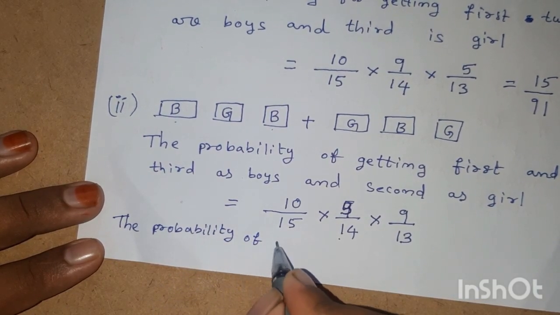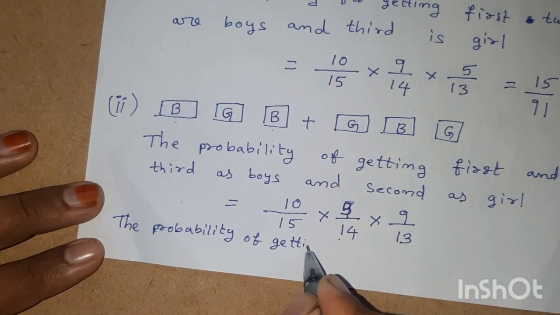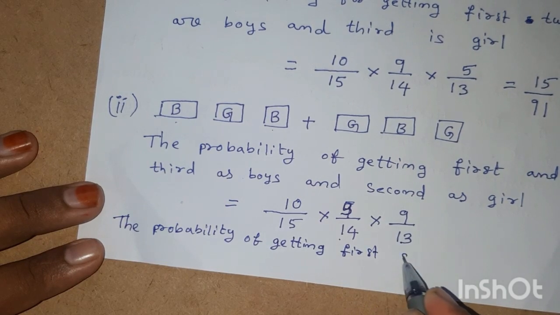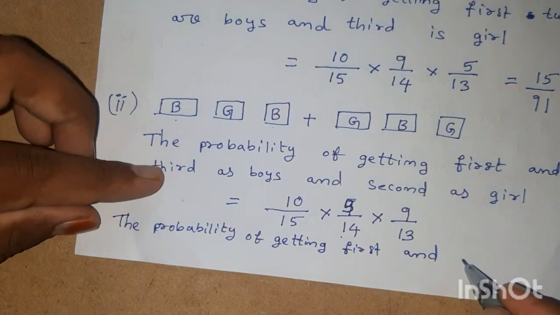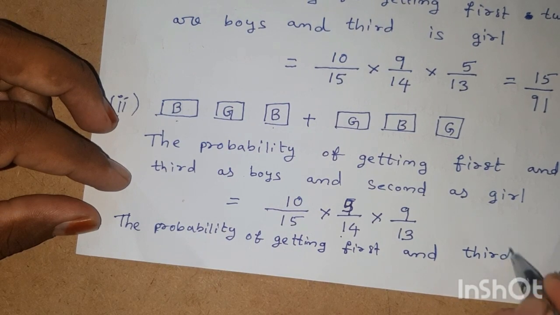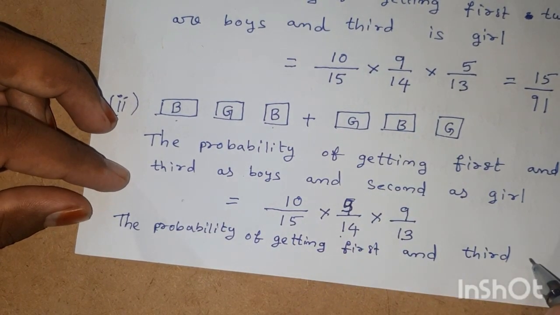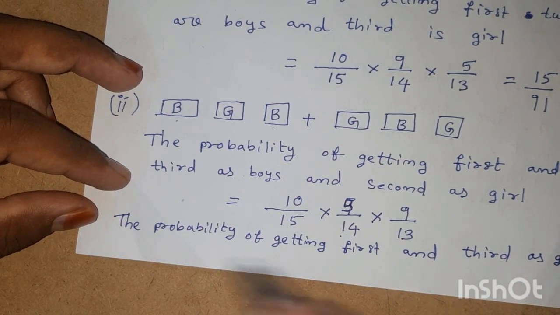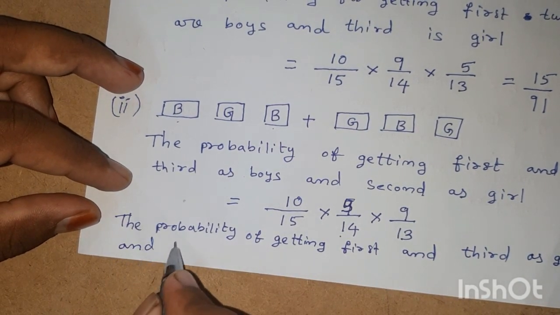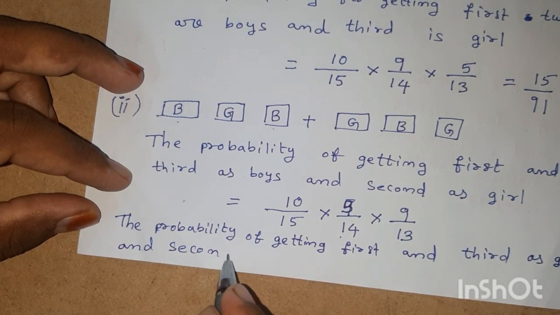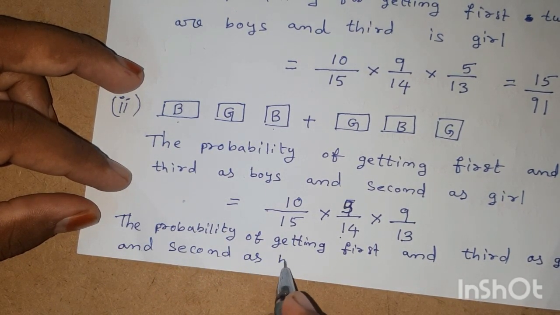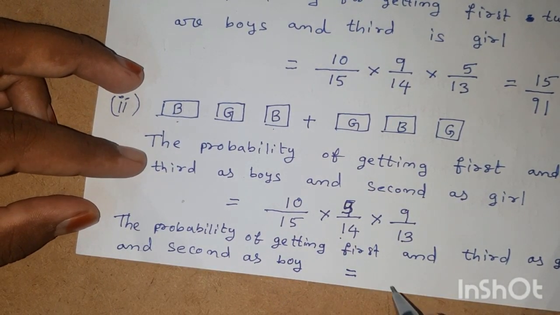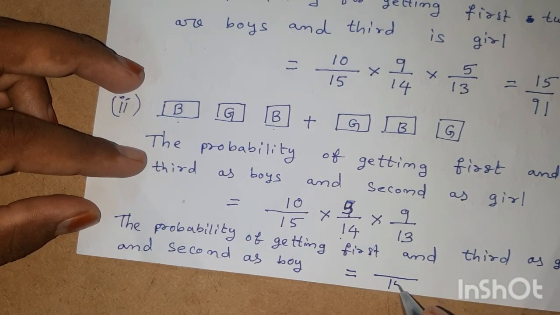Similarly, the probability of getting first and third as girls and second as boy is equal to, here also there are totally 15 students.